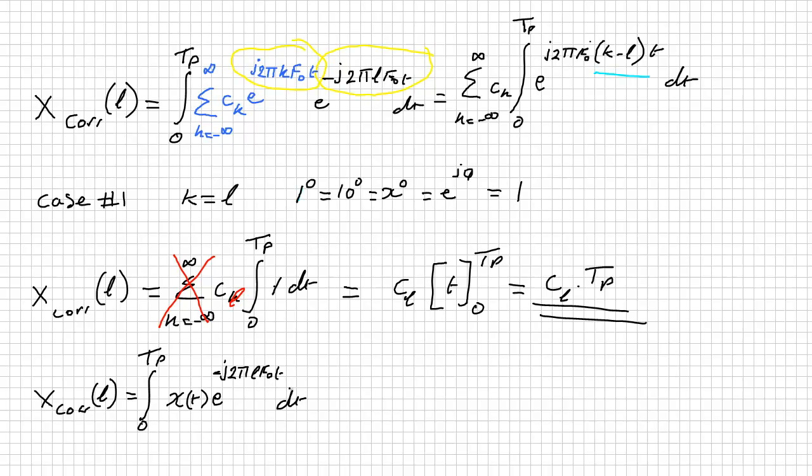So now we're saying that this expression is the same as CL times TP, which means that CL, which is the same as CK, is equal to 1 over TP.